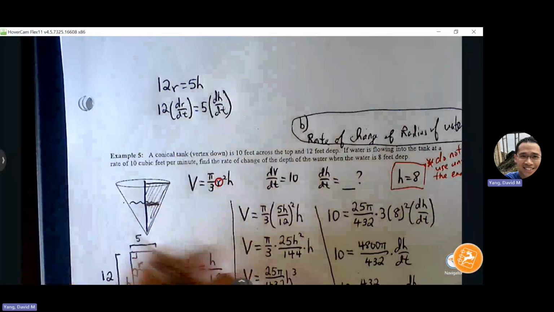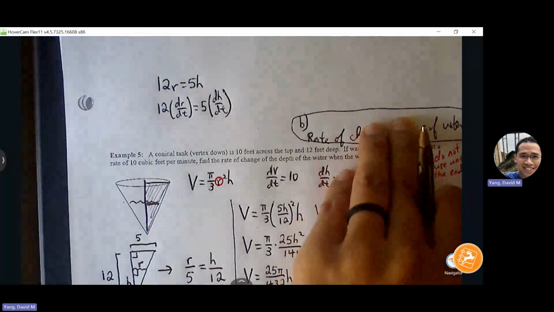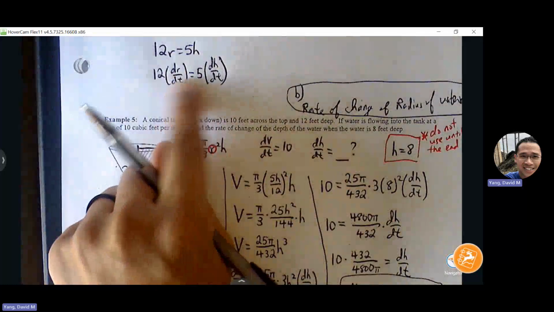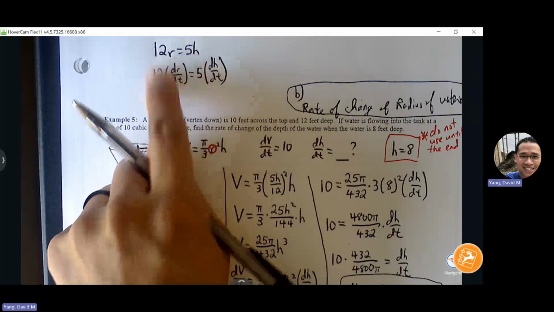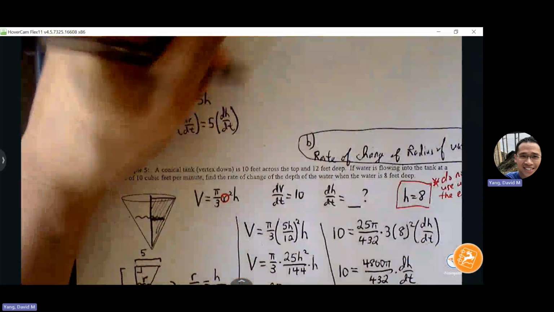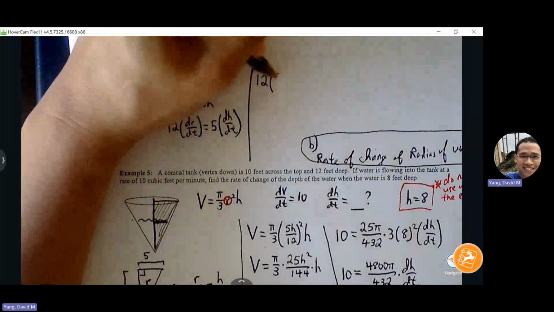Likewise, if I realize, oh, I thought I was solving for dr/dt and it ends up being dh/dt, it's still useful. You just take that dr/dt, create the derivative from the relationship you built using similar triangles, and then just do one more additional step to convert over. Okay, so here, if I want to do that, 12 dr/dt.